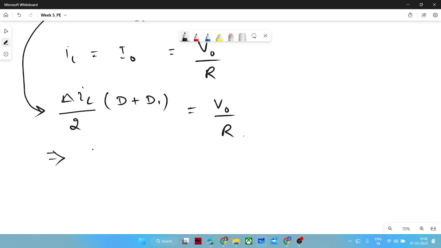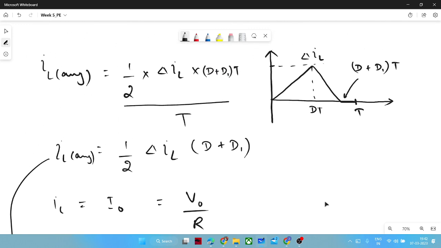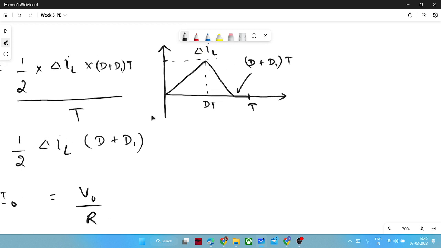Again, this del IL, if we want to compute in terms of off condition, sorry, let me write the proper inductor equation.